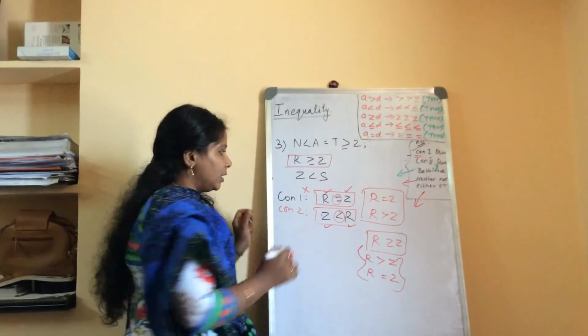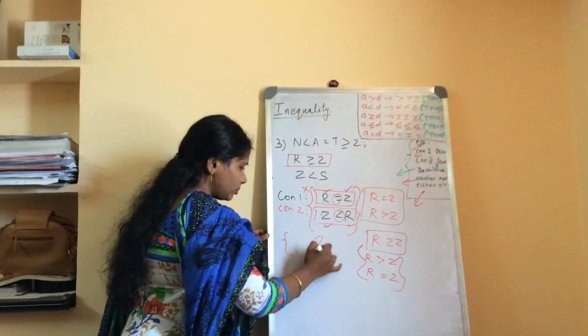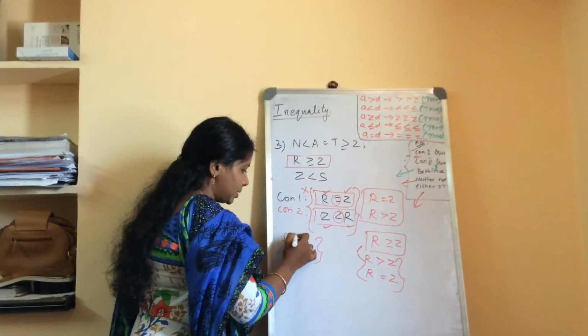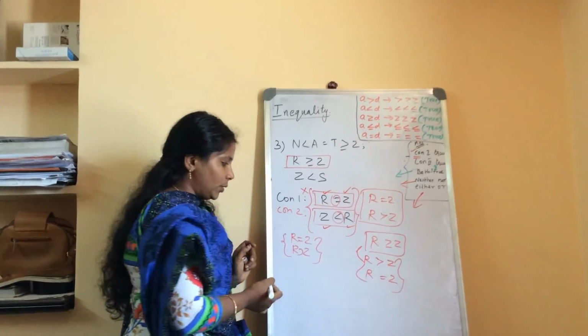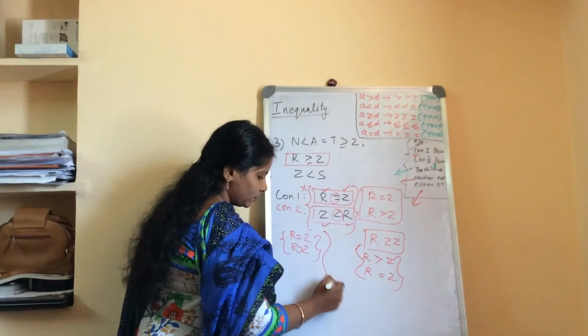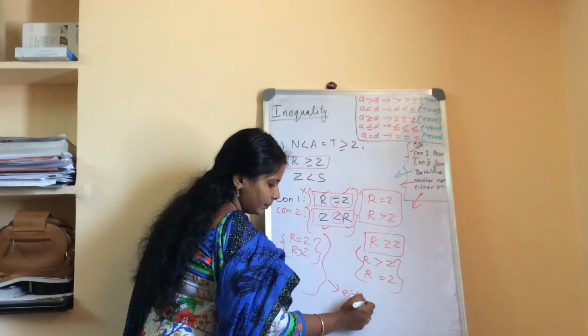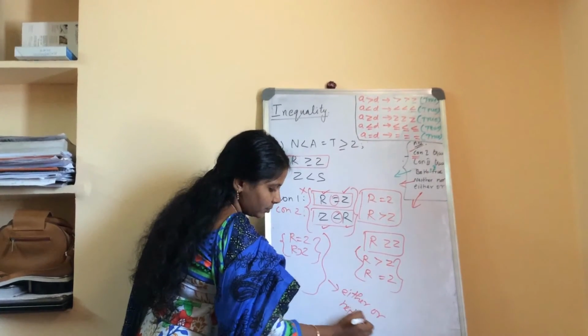Okay? And if you find that in two conclusions you have the same letters but different symbols, there will be two possible options. One is either or, another one is neither nor.